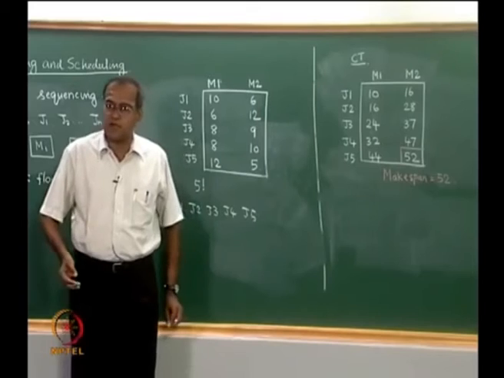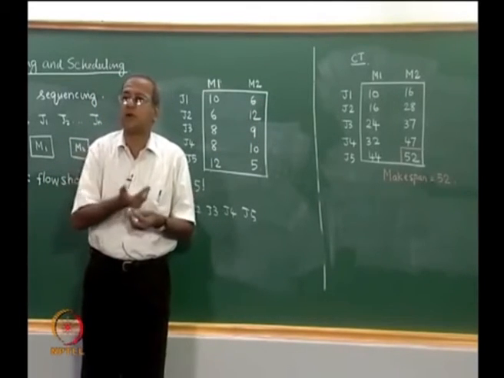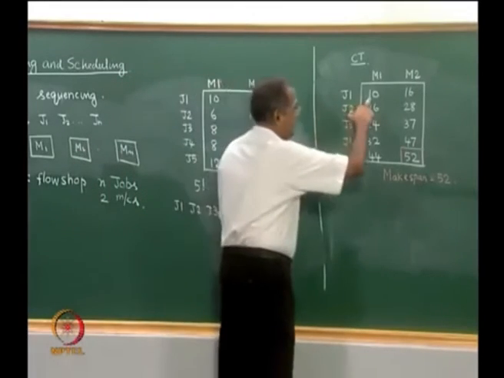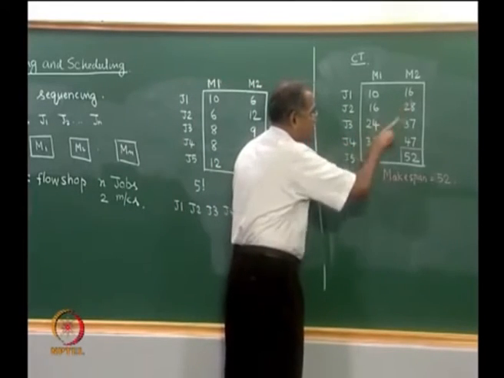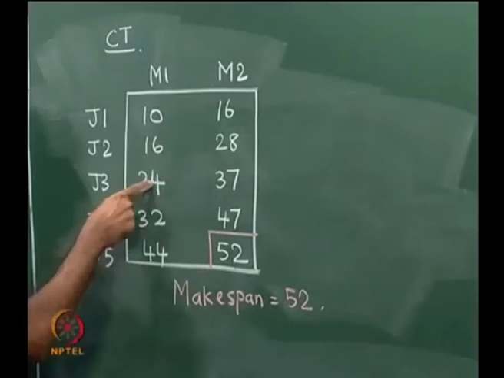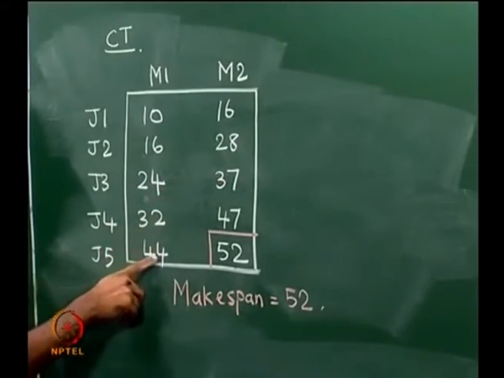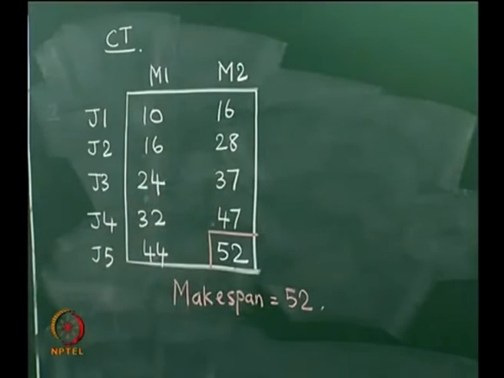The other thing that we observe is that M2 cannot start at time equal to 0 because of the flow shop condition. So, M2 can start only at 10, and then we also realize that there were some delays here. There was a delay of 4 units here, a delay of 5 units here, and a delay of 3 units here. So, 4 plus 5 is 9, plus 3 is 12.